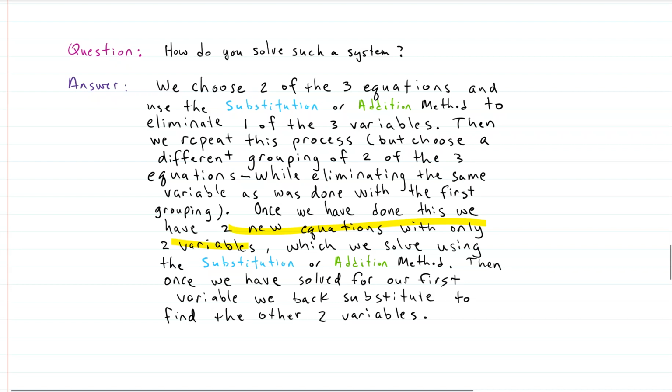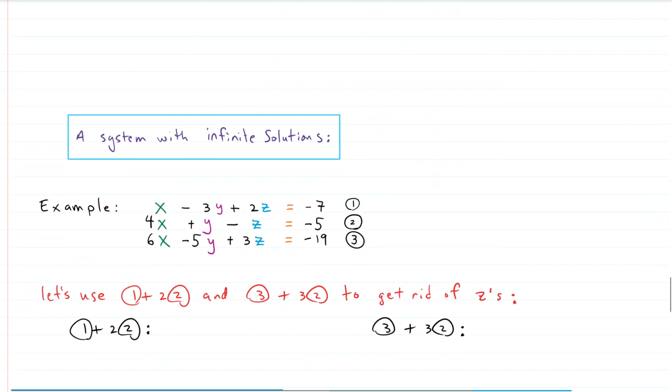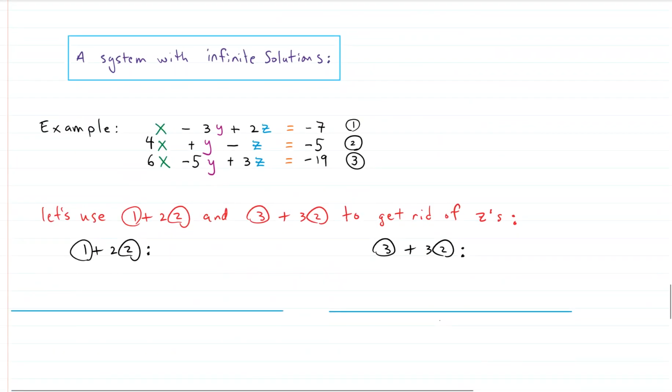So then we can use the substitution and addition method to solve for those 2 variables. Once we have those 2 variables, we back substitute, meaning we take those 2 variables and we put them back into one of the 3 original equations, and then we'll solve for the final variable. And that's it. So let's actually do a problem here that has infinite solutions.